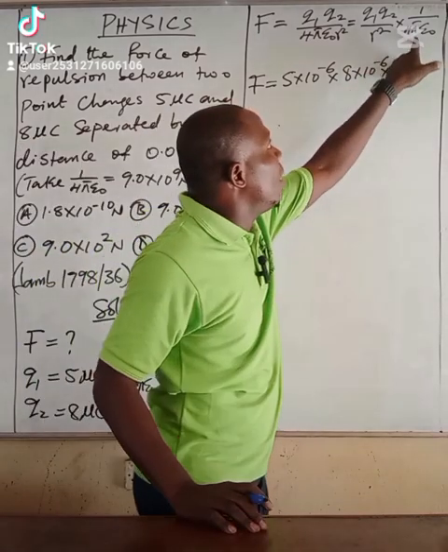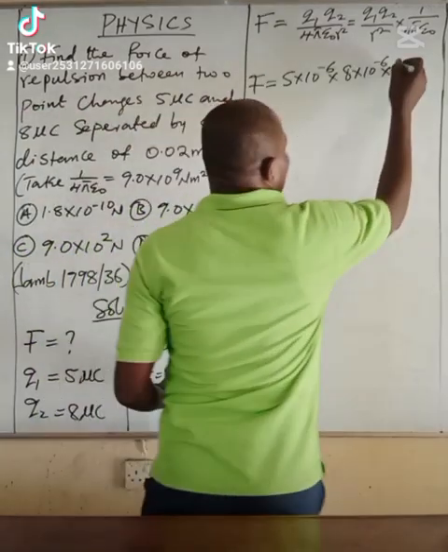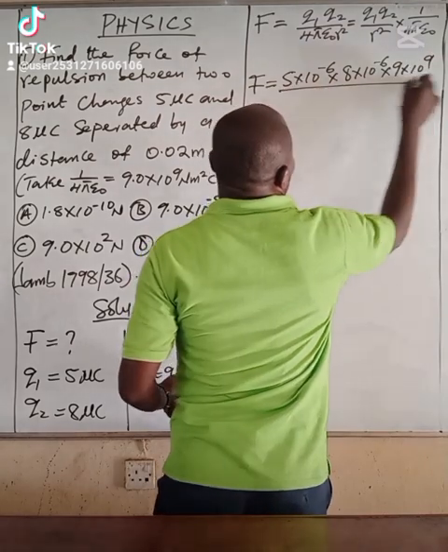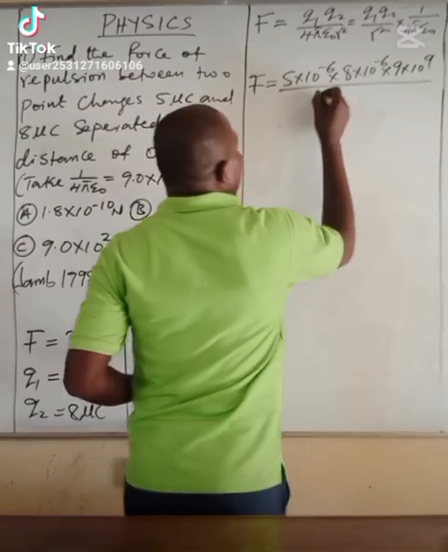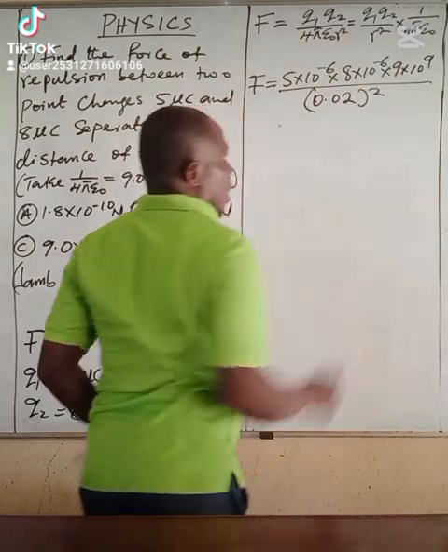This 1 over 4 pi epsilon naught is given by this, so we say 9 times 10 raised to the power 9, all over the distance of separation between the 2 points, which is 0.02, all squared.